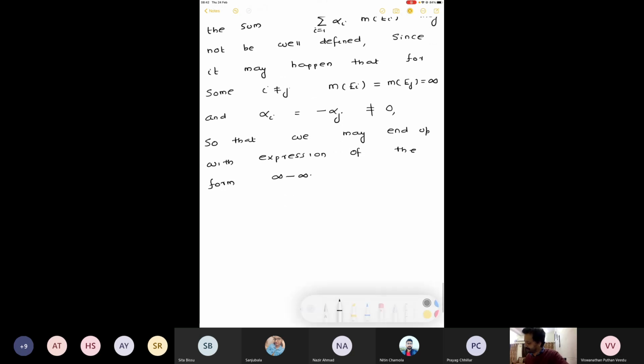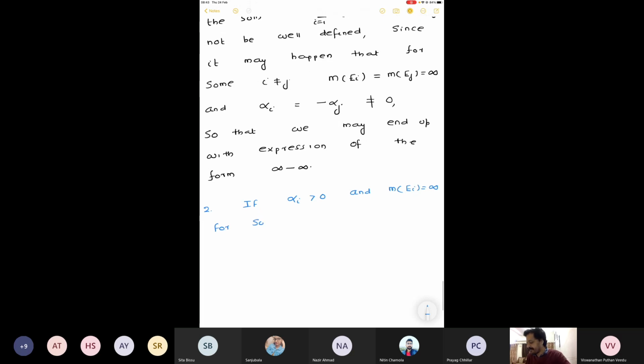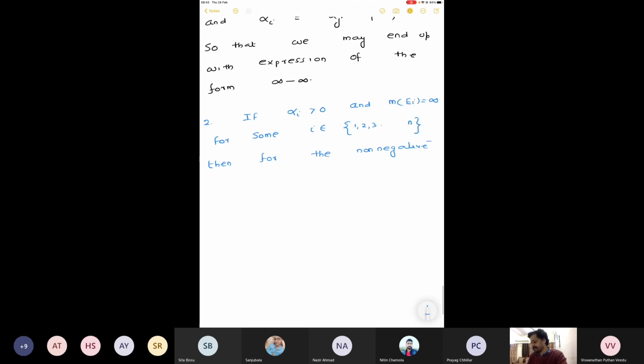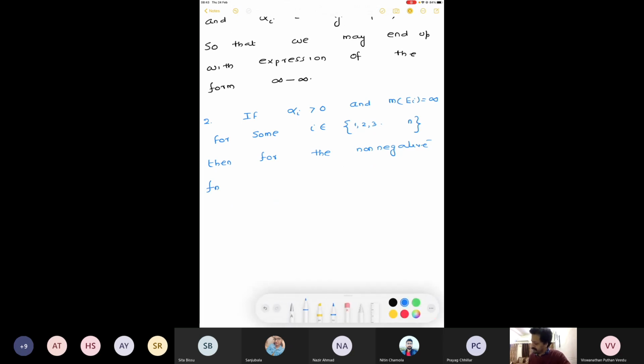Now, second remark. If alpha i is greater than 0 and the measure of Ei is equal to infinity in the canonical form for some i belonging to 1, 2, 3, up to n, then for the non-negative measurable function, yeah, I want you to tell me what will be the integral in this case.